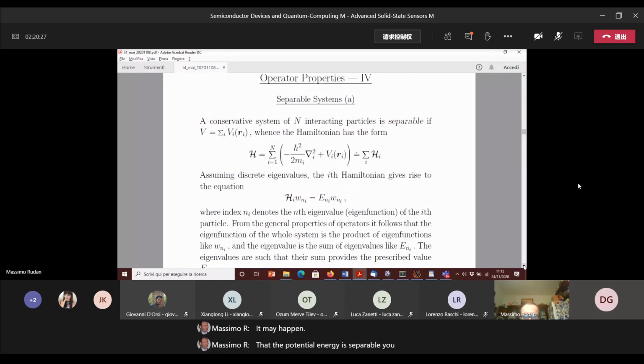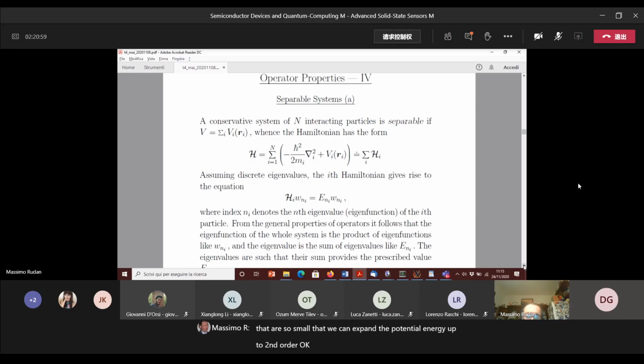You remember one case, the situation of a crystal in which the atoms are tightly bound to each other. So they may have displacements with respect to the equilibrium position that are so small that we can expand the potential energy up to second order.